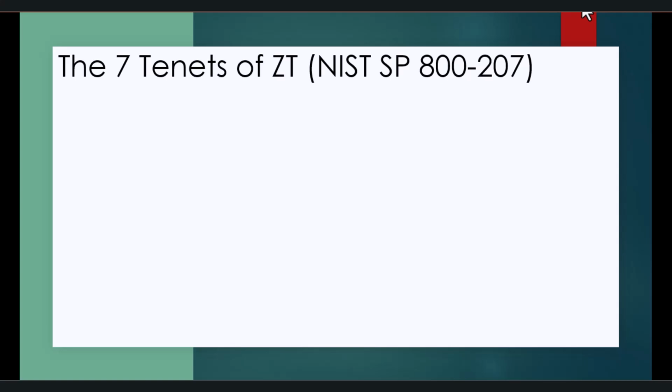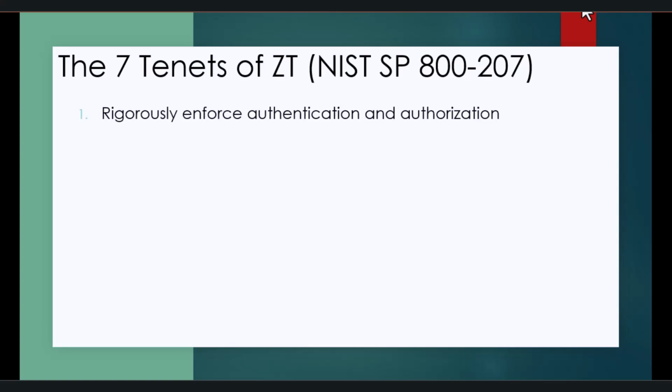There's also 7 tenets of ZT according to Special Publication 800-207. Number 1, rigorously enforce authentication and authorization. And this is really going to mean using robust things like Okta, ID ramp, biometrics, enterprise centralized identity management services, for example, Cisco ISE, or something else from Citrix or IBM.